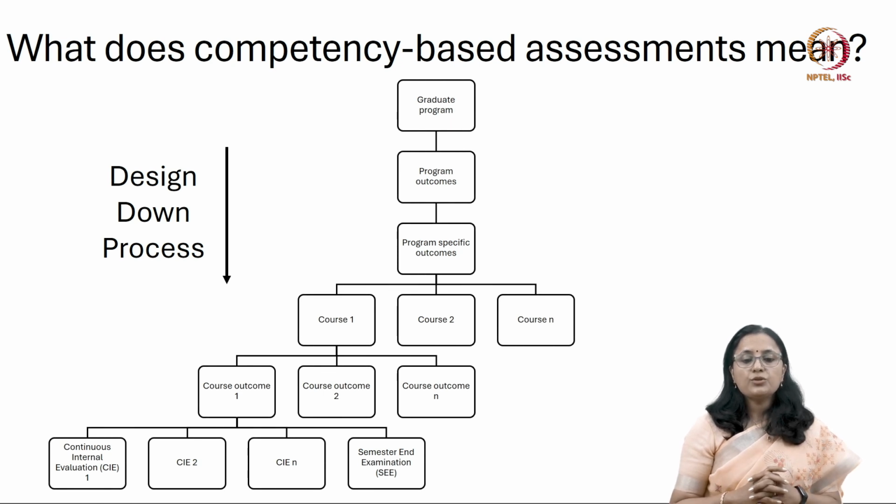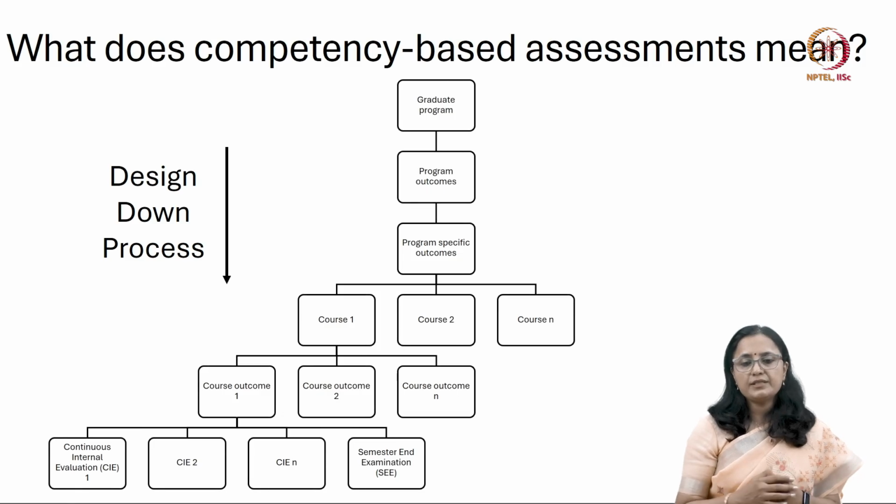Right. So now the CIE components. In the flow chart, you are seeing that you have CIE 1, you have CIE 2. You can have several CIEs because these are shorter, smaller as compared to the semester end examination.